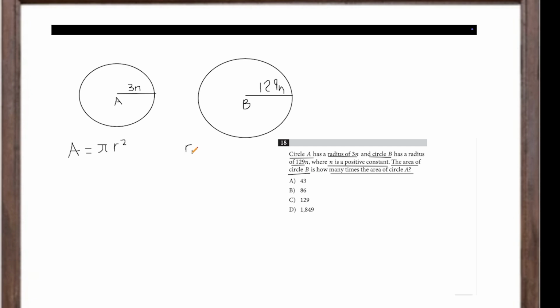Therefore, since we know the radius of circle A and circle B, we're going to write these two variables down. So radius A is equal to 3n and radius B is equal to 129n.